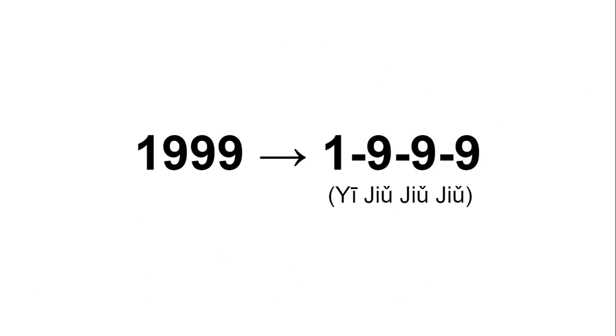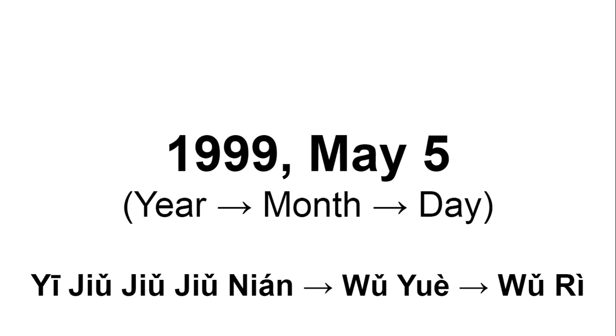So putting all of that together, our example is now 1999 May 5, which is read as 1999年5月5日.